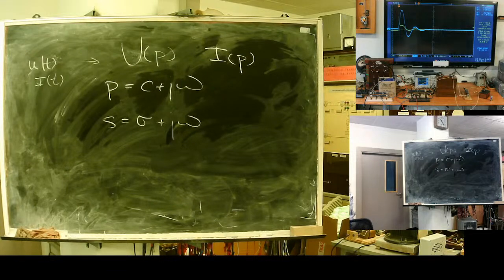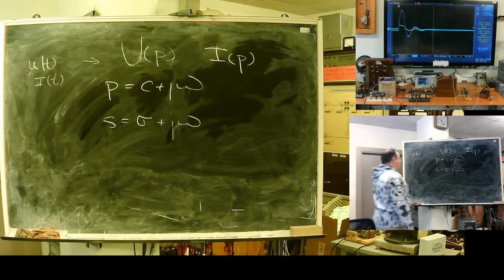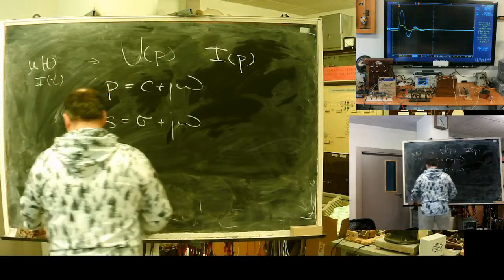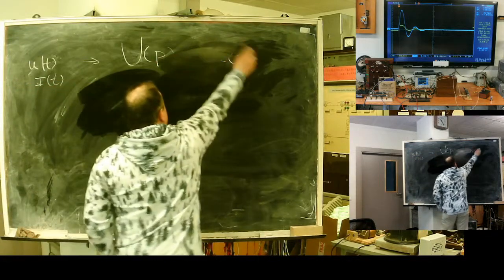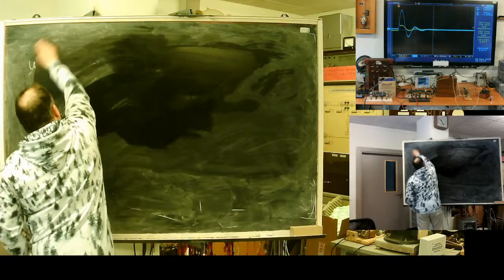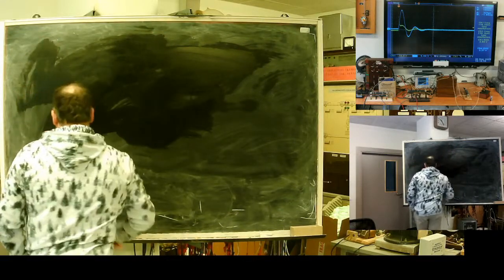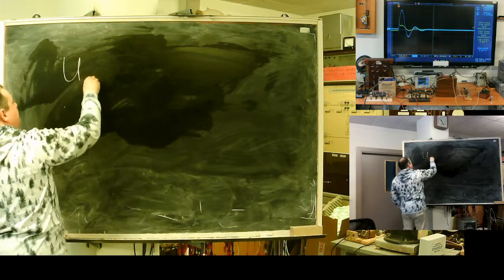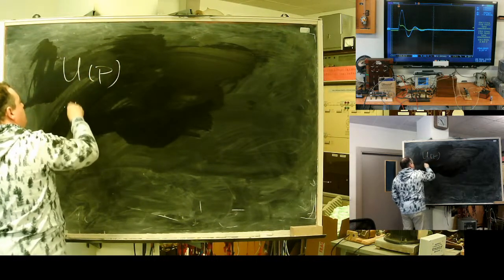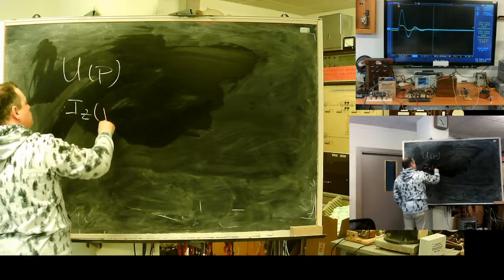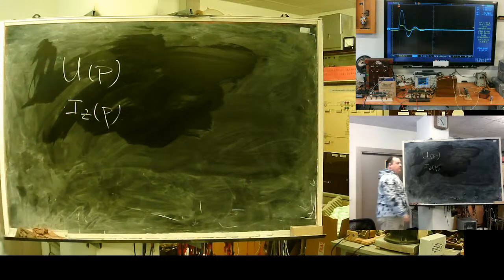But there is one problem, and it's how to get results. We will have our transients as an image. We will have nodal voltages. We will have branch currents as a function of complex frequency.